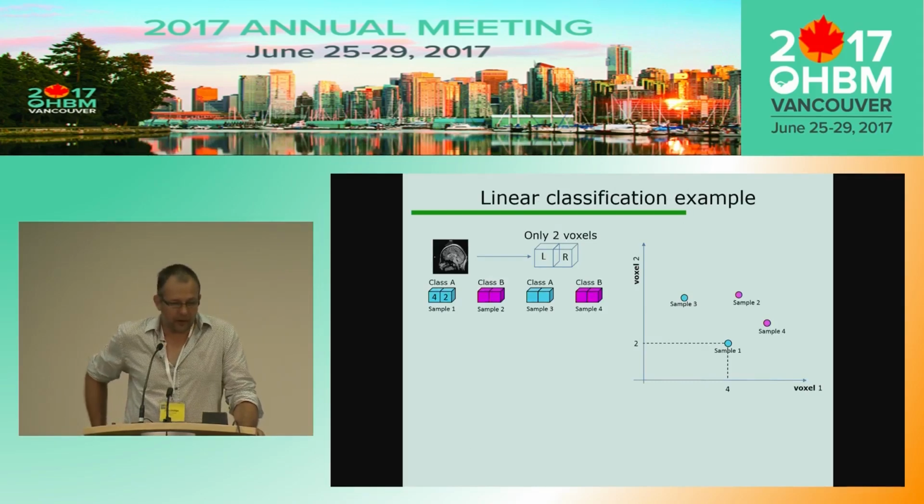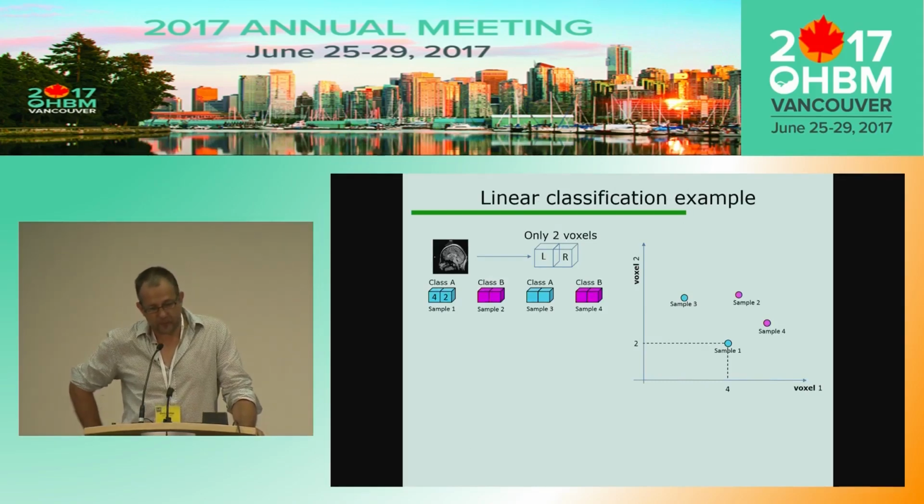So the idea with a linear classification, and I'll take a simple example with a brain where we are only considering 2 voxels because it's easier to plot, but that will generalize to many more dimensions. So the idea here is if you take your brain and you only have 2 voxels, something on the left, something on the right, for each of these voxels you have values.